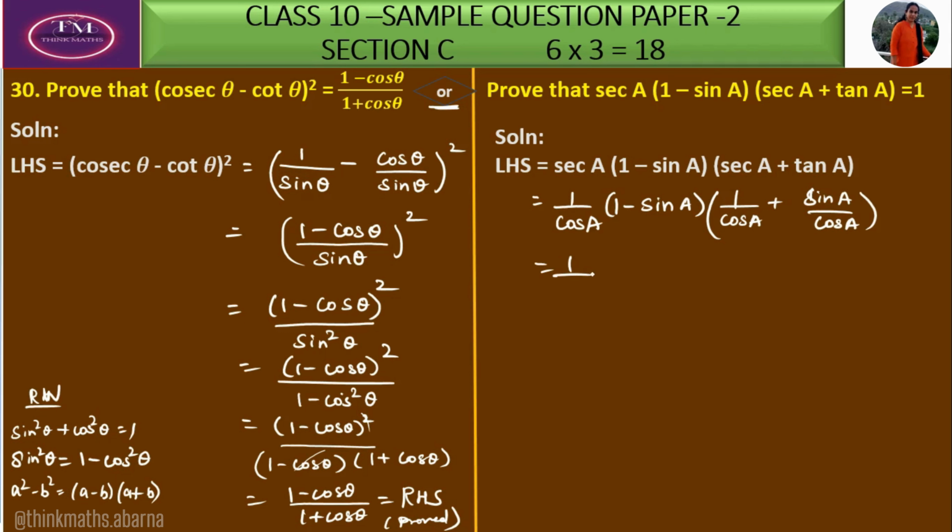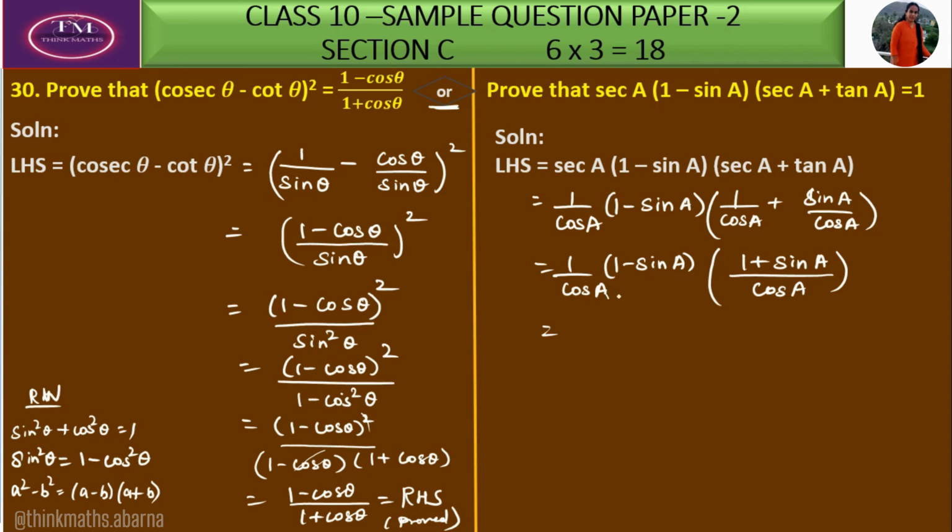Now it is 1 by cos A. What is 1 minus sin A? Keep it as such. Now here we have the same LCM, so keep the LCM as cos A. If LCM is same, the numerator can be joined, so it is 1 plus sin A. Now multiply the denominator.